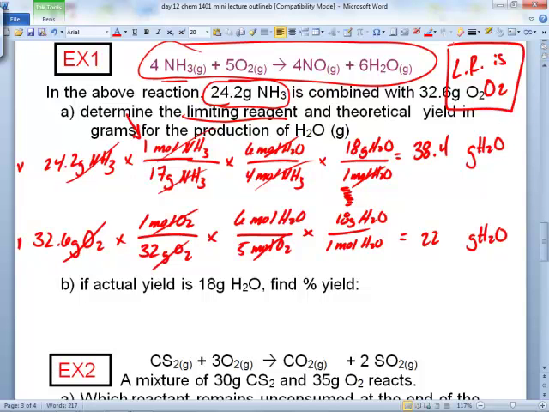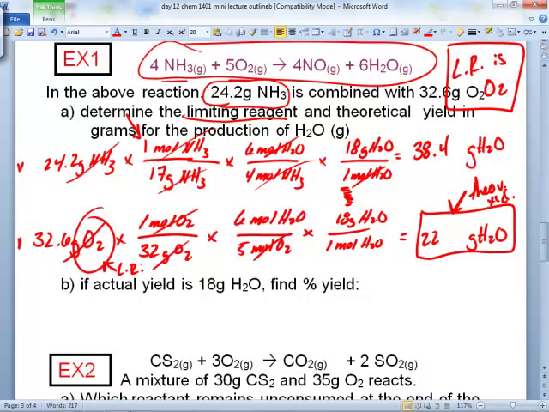Nice big box around it, right? Then they want to know what's the theoretical yield in grams for the production of water. So Summer, what would you say for that? The 22. That is the theoretical yield. It's the smallest answer. Theoretical yield, right? Limiting reagent.